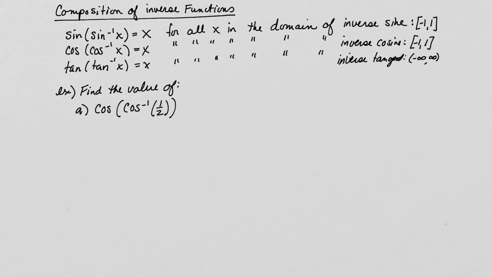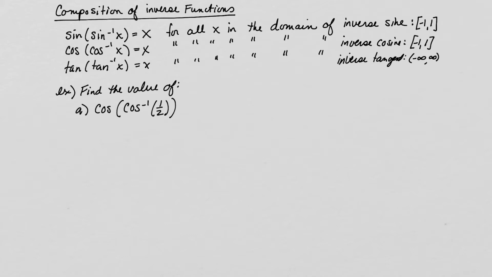Okay. So Carrie said 1. Somebody said pi over 3. I think you guys are saying pi over 3 because if you found the inverse cosine of 1/2, this inside part would be pi over 3, right?